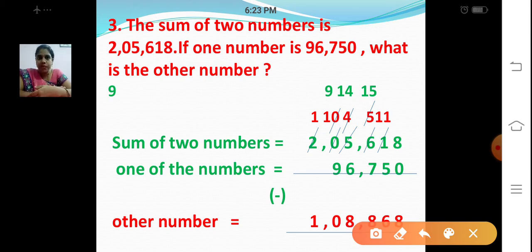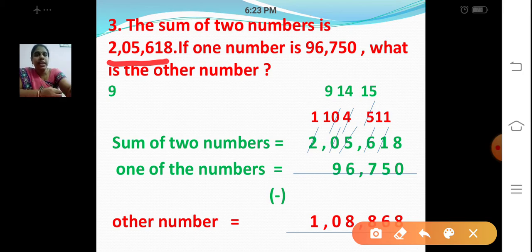The sum of two numbers is 2,05,618. If one number is 96,750, what is the other number? Shall we start now? So write the statement, sum of two numbers. What is the sum of two numbers? 2,05,618.